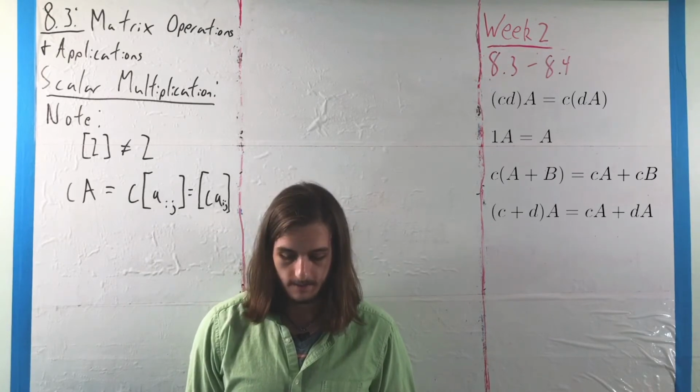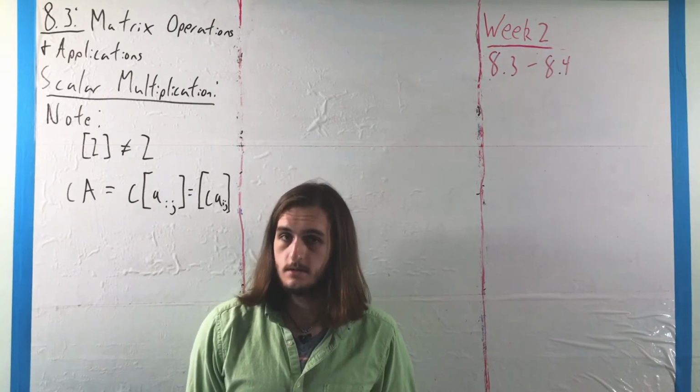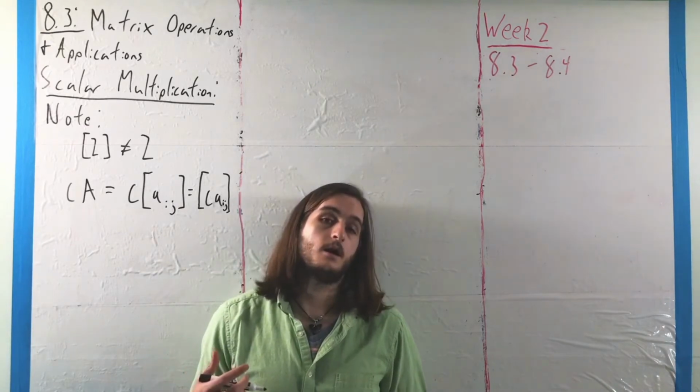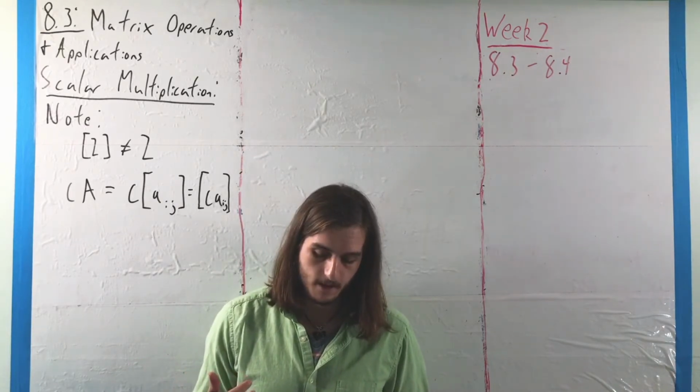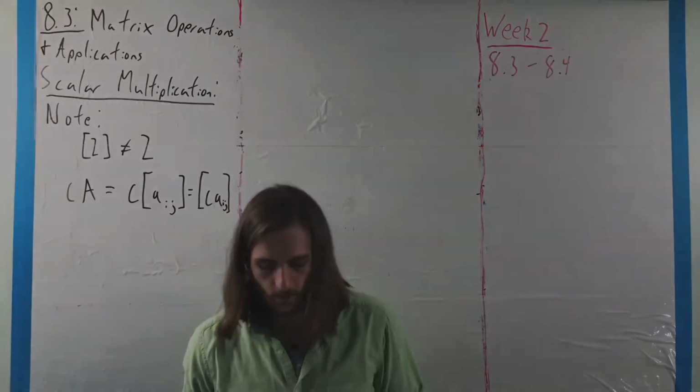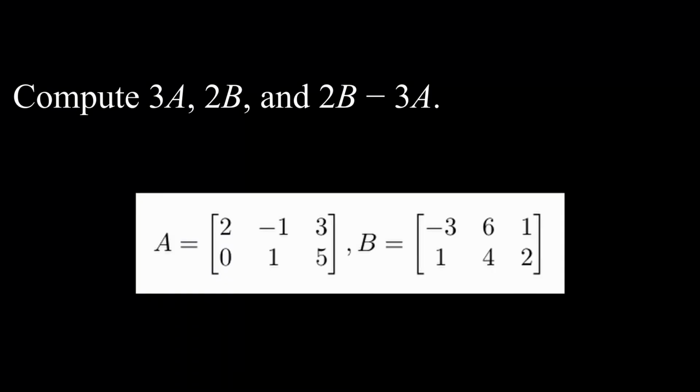But in any case, let's look at a couple of examples here for how we can put together these ideas of scalar multiplication and addition and subtraction. So let's say we have the matrices A equals [2, -1, 3; 0, 1, 5], along with B equals [-3, 6, 1; 1, 4, 2].